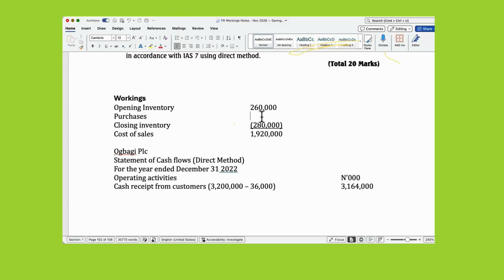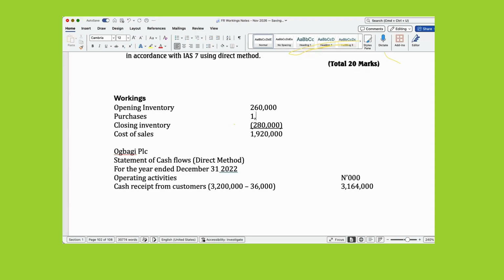Okay, so can you get this balancing figure? There are many ways you can get this. What's my purchases from here? No, it's not 1.9.